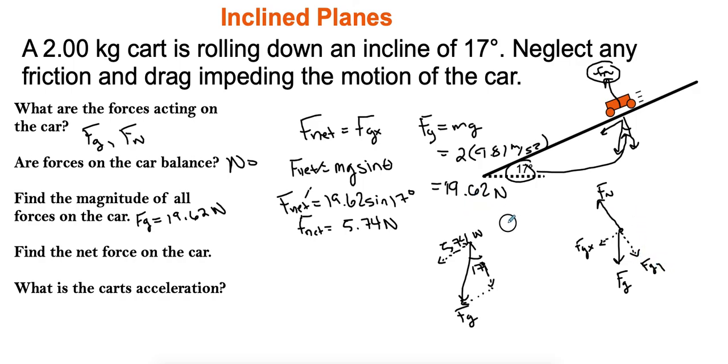So let's do that. So Fgy, if this was sine, then this one's going to be cosine. So that's going to be mass times gravity times cosine theta. And we did mass times gravity here already, so it's going to be 19.62 cosine theta, which should be 17.